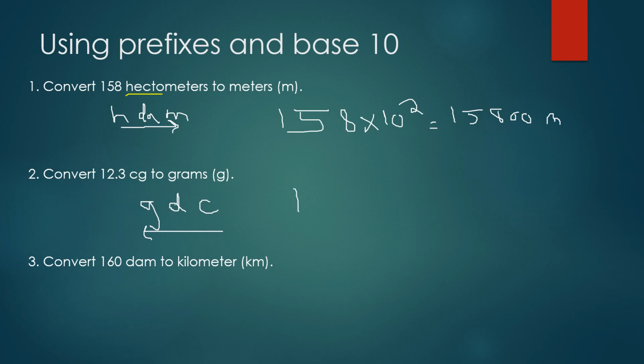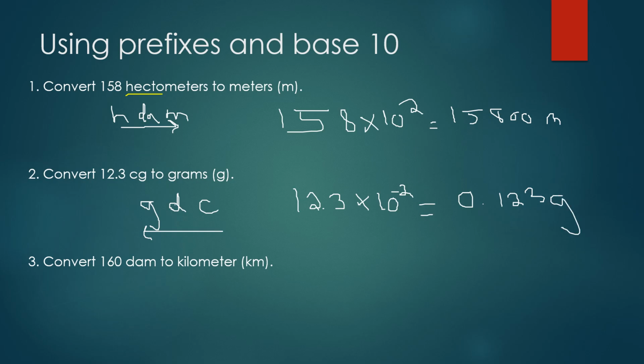So this time we'll take our 12.3, and we're going to multiply by 10, still base 10, but to the -2 because we're going to the left. This is the same as 0.123 gram.